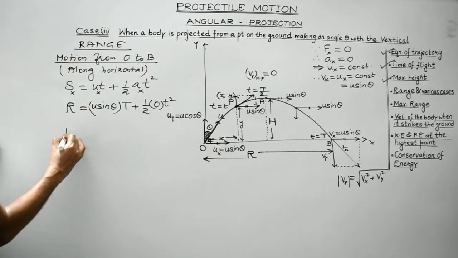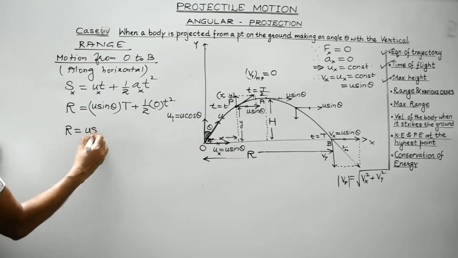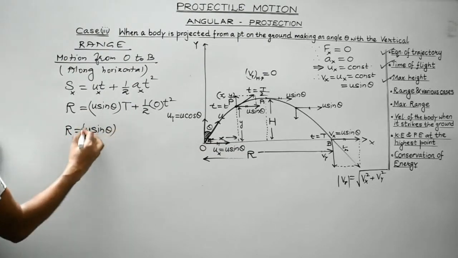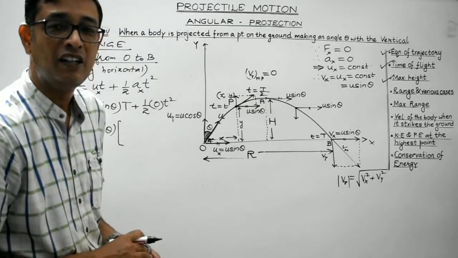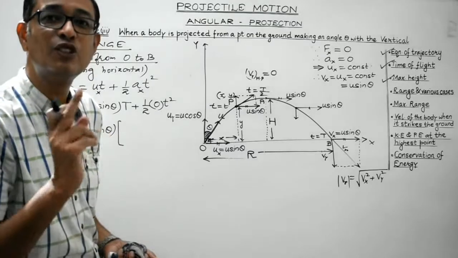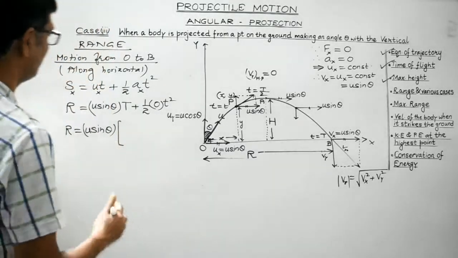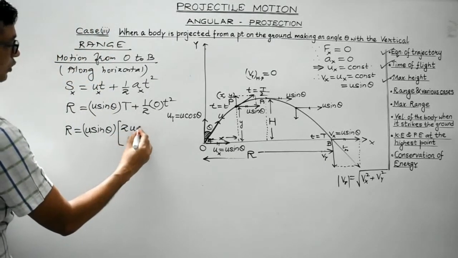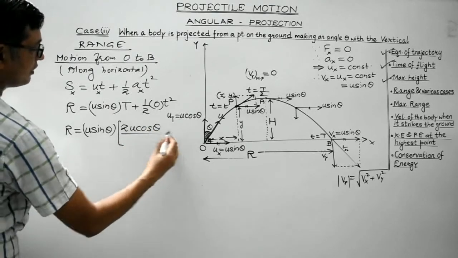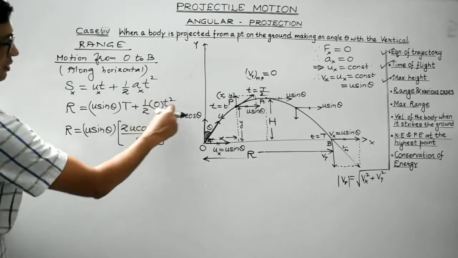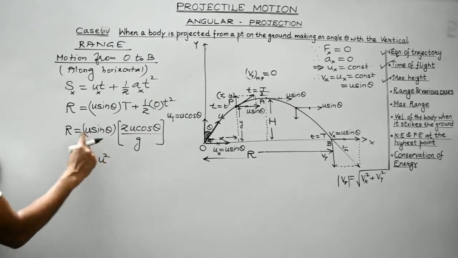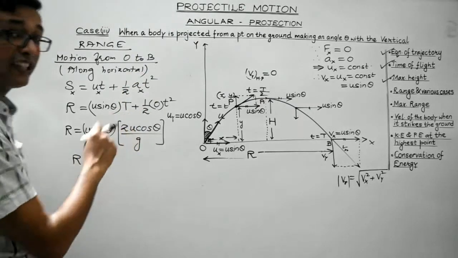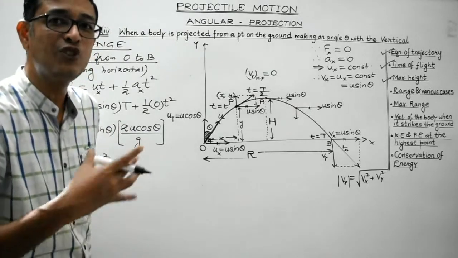So what do you get? R is equal to u sine theta multiplied by time of flight. Just now we have obtained the expression for the time of flight. Time of flight in this case is 2u cos theta by g. So that is 2u cos theta divided by g, right? This term will get eliminated. So what do you get? U square. Now look, 2 sin theta cos theta, it is equal to sin 2 theta.